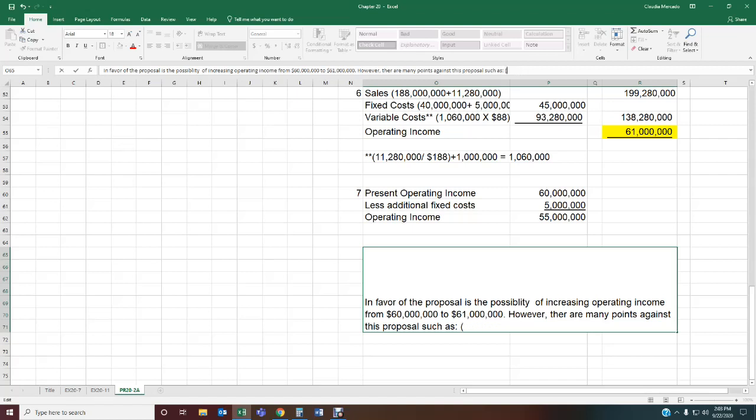I put a little letter A. Break-even point increases by 50,000 units.